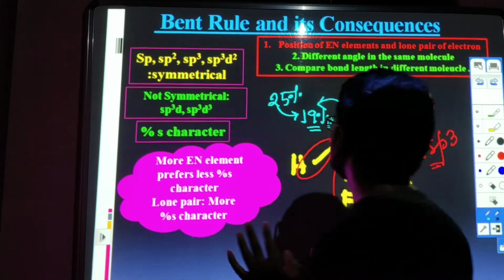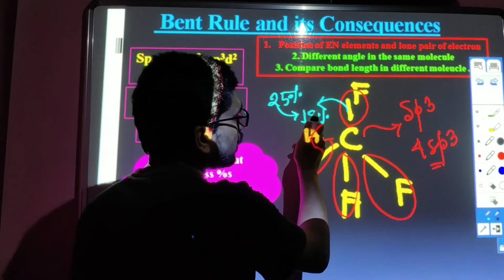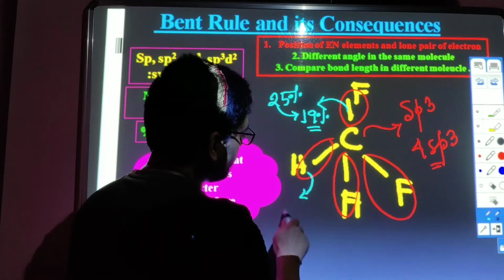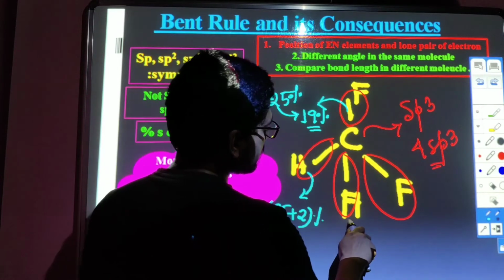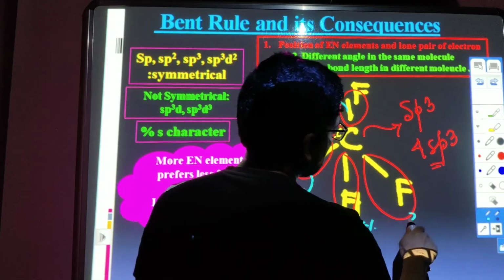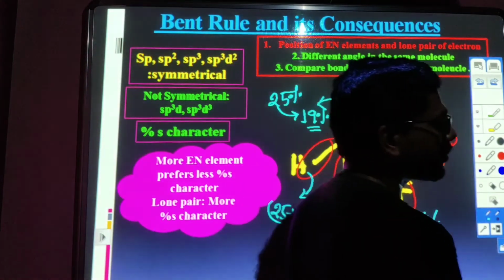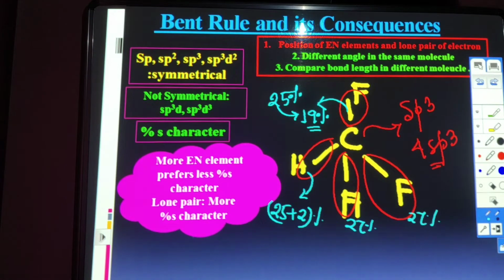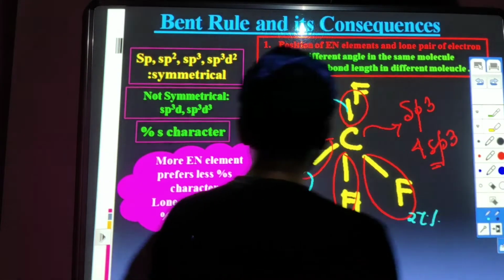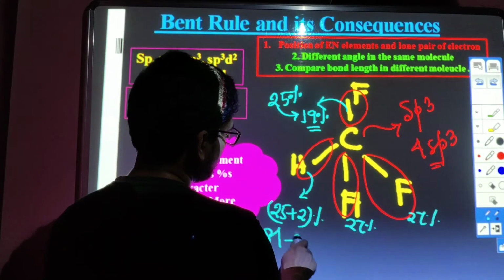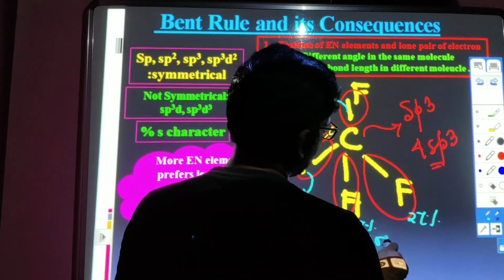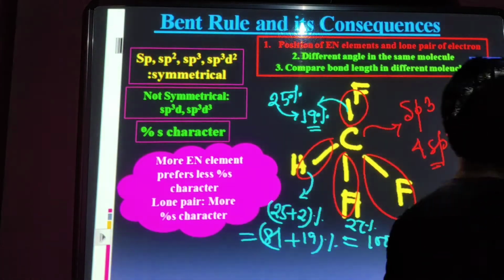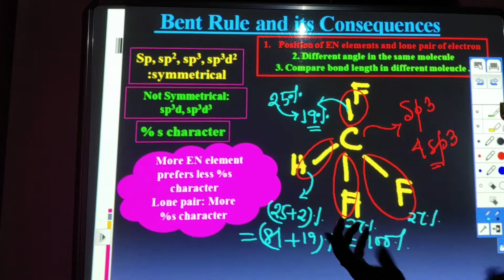It means here it's 19%, here it will be 25 plus 2%, 27%. Here also 27%, and here also 27%. If you count now, 27 times 3 means 81% plus 19%, that will give you 100%. No problem. Previously it was also 100%. 25 expected, but it's not like that.